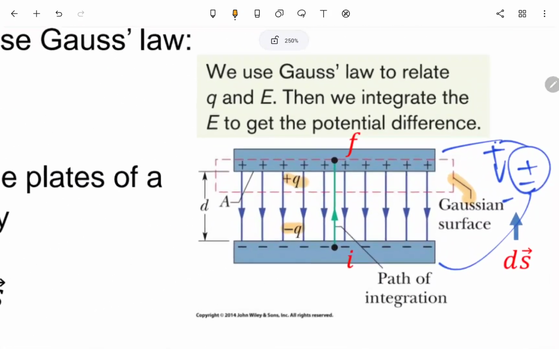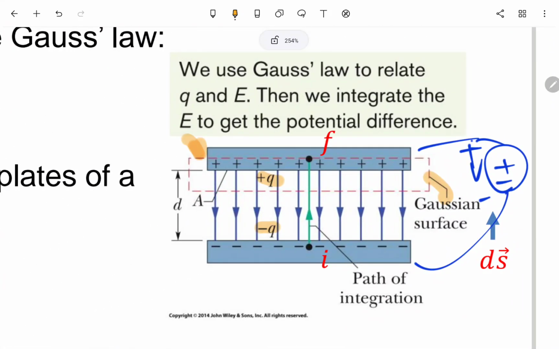So here we just need to consider this 1, 2, 3, 4 surface, and clearly this one and this one won't contribute anything either, because dA points to the left and right, so it is perpendicular to the E field, or actually it's just outside the capacitor, so there won't be any E field there.